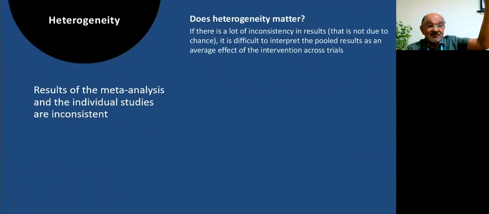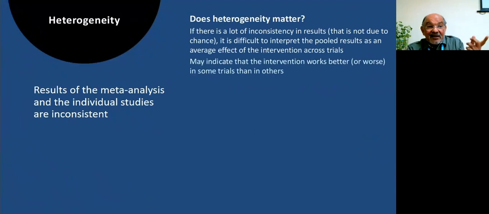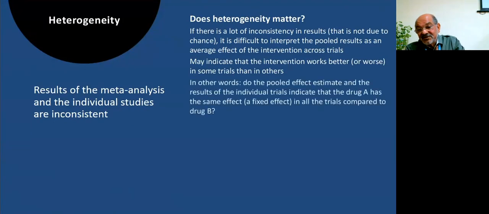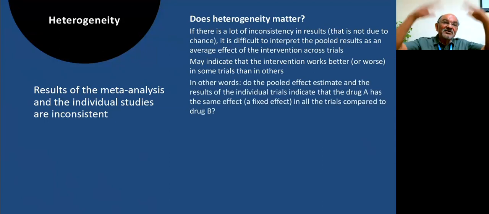You're ignoring some studies. And it may tell you that in some trials the intervention works better, and it's more important for you to know why rather than just hide it. So what we want to know is, does drug A have a fixed effect in all of these studies? That's what is meant by fixed effect. You're assuming that drug A compared to drug B works in the same way across all studies.